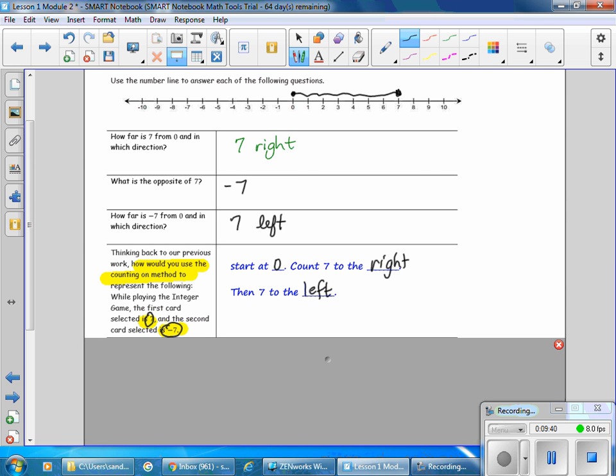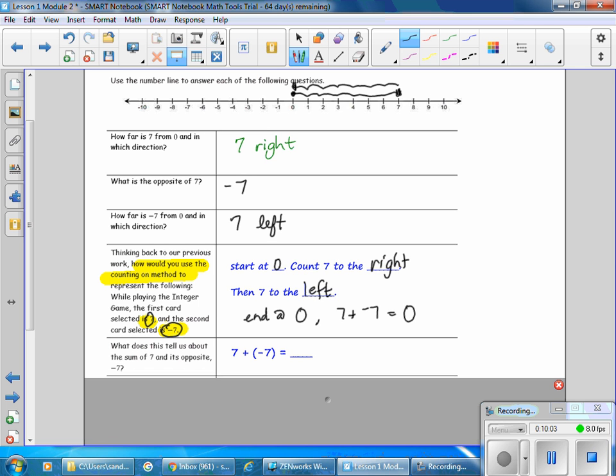That's the positive 7. Then the negative 7. 1, 2, 3, 4, 5, 6, 7. That's the negative 7, which goes to the left. Since we end at 0, 7 plus negative 7 equals 0.